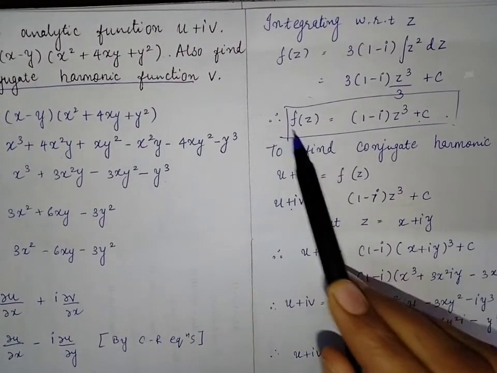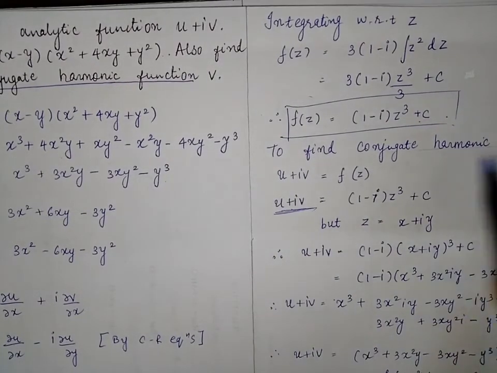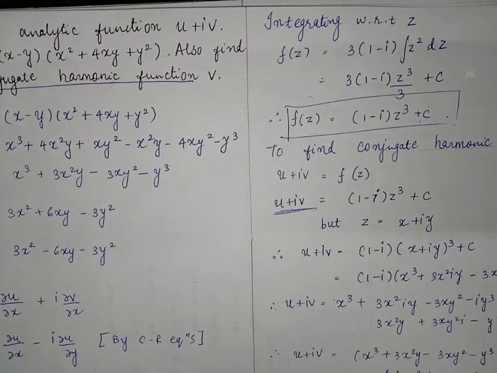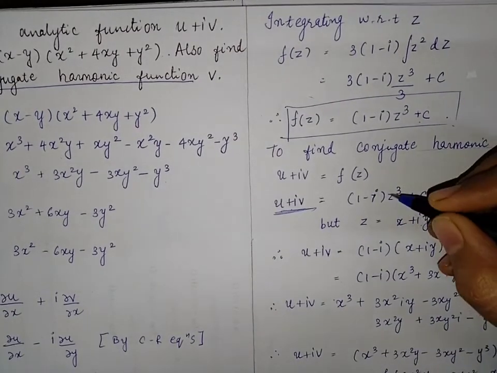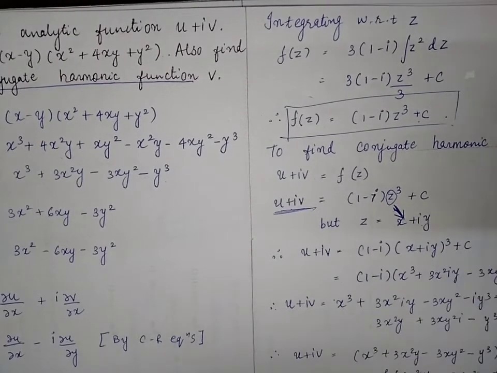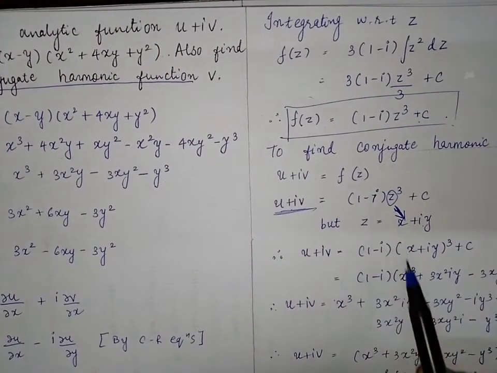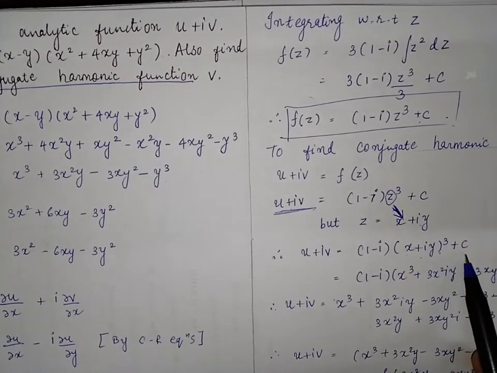Okay, here in place of f of z we have to substitute u plus iv, to find the conjugate harmonic function. But we know that z is equal to x plus iy, so in place of this z what will we put? x plus iy. So here in place of z I have substituted x plus iy whole cube plus c.